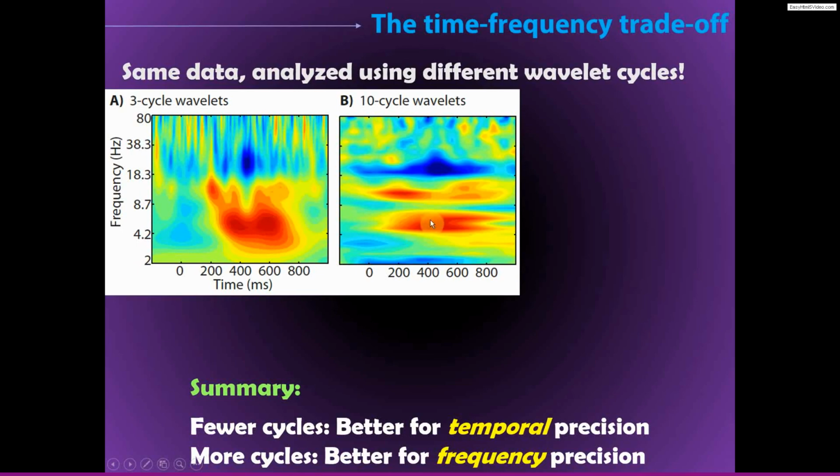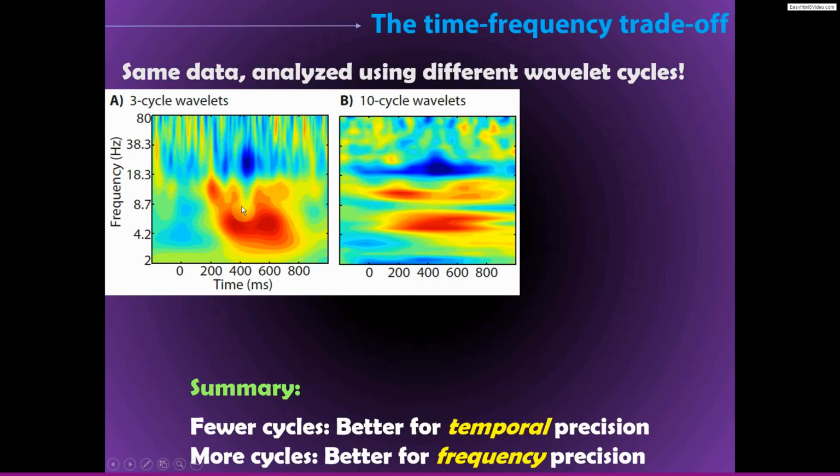And now you look over here to the 10-cycle wavelet plot, and you can see now we can localize this beta suppression much better in frequency, and we can much more clearly see that there are two completely independent frequency dynamics happening in these data, which is really difficult to interpret from this result.